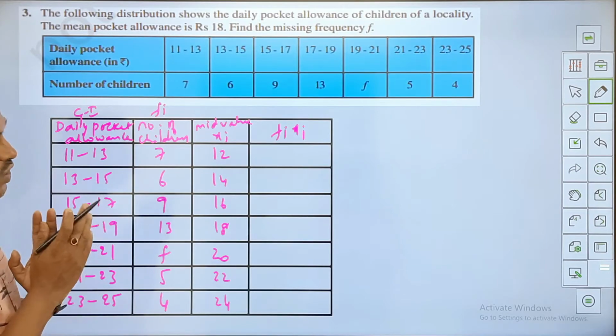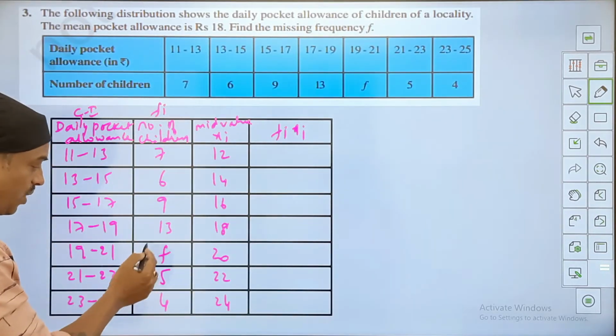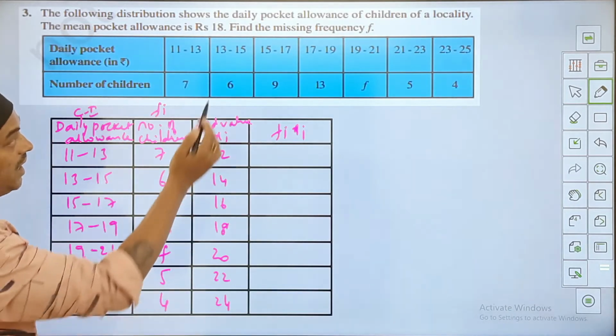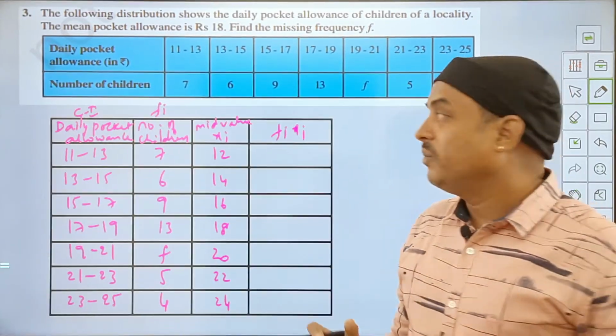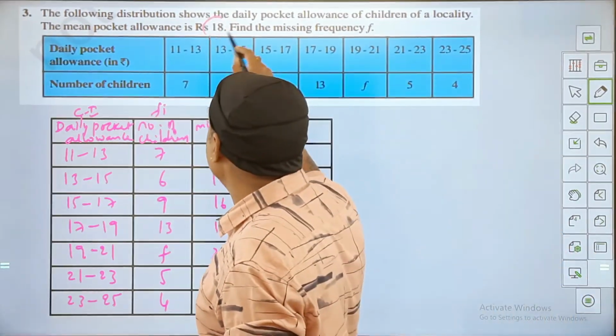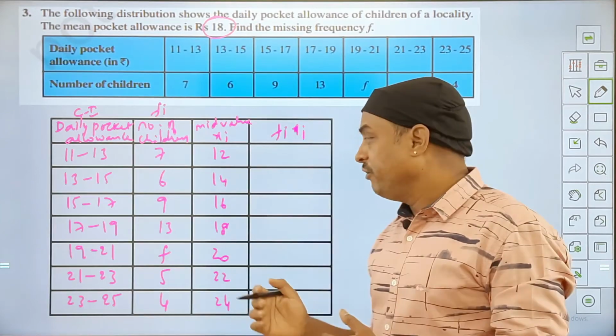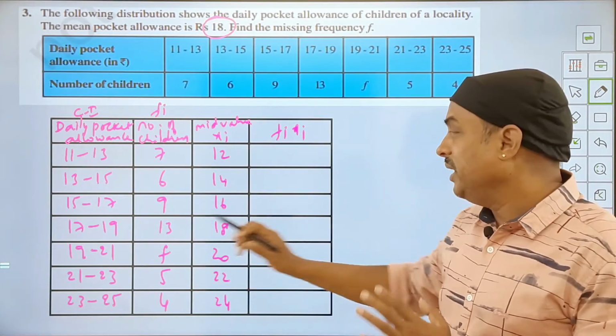So in this question, he created one small thing. What is exactly the question? One of the frequency values is missing, and the question is to find that frequency value. Now, in order to find the frequency value, the mean should already be given in the question, and it is given as 18. So we need to find out this value. Is that clear? We need to find the frequency value.